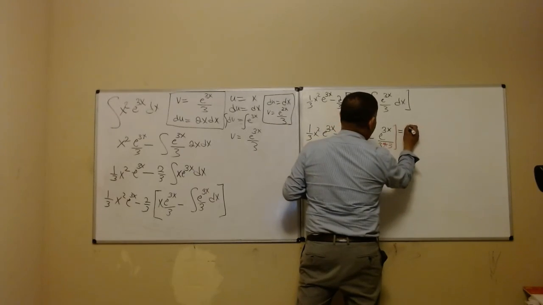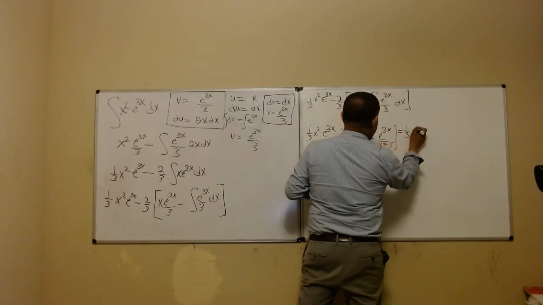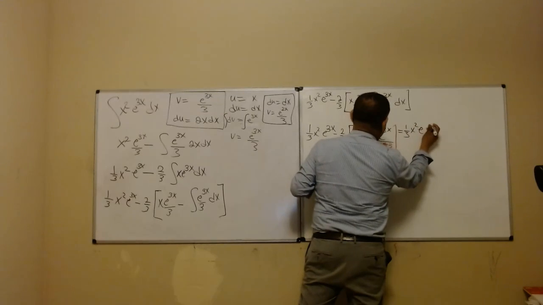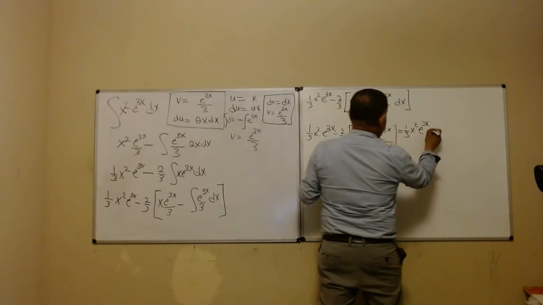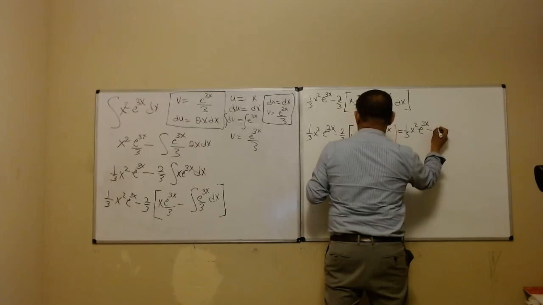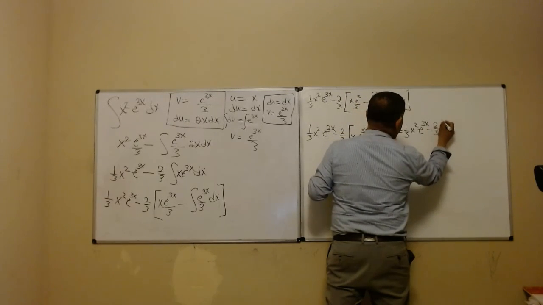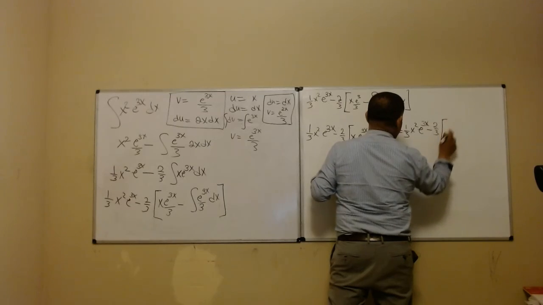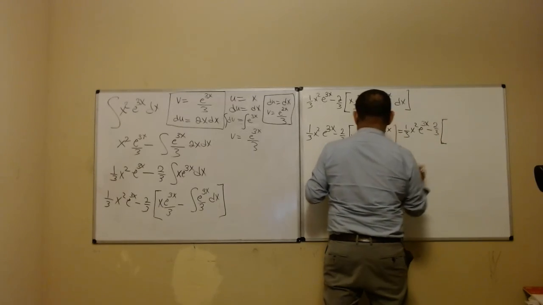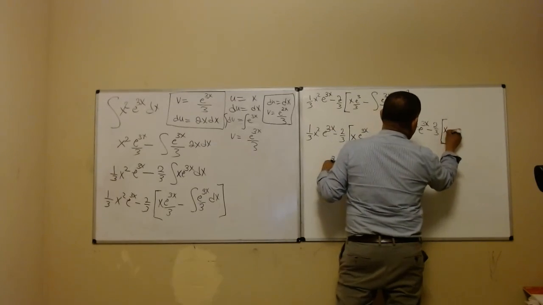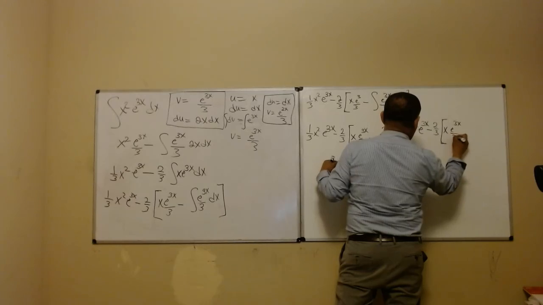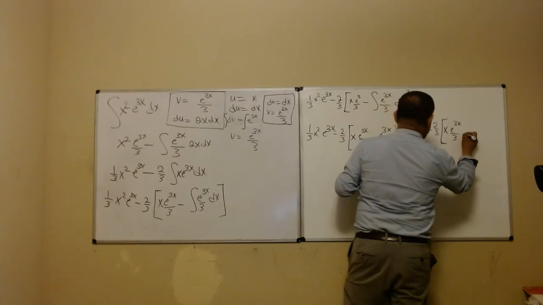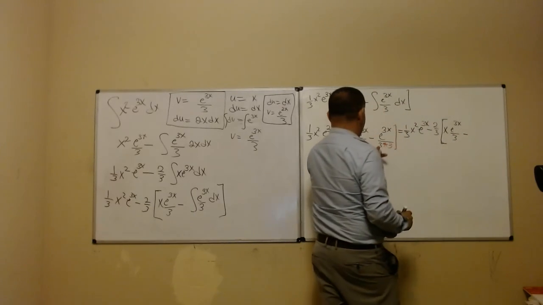And then after I do that, this is equal to 1/3 x squared e to the 3x minus 2/3 x e to the 3x over 3 minus what?